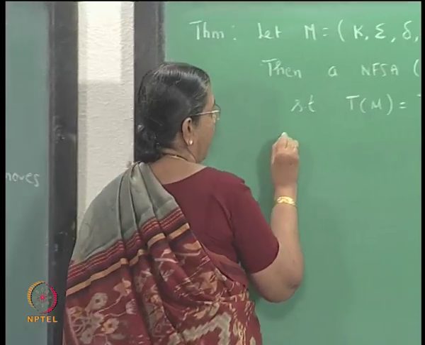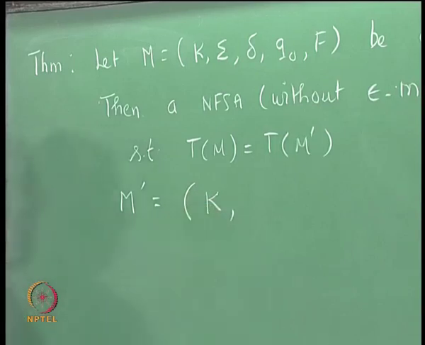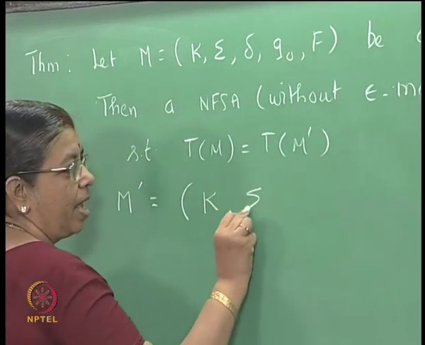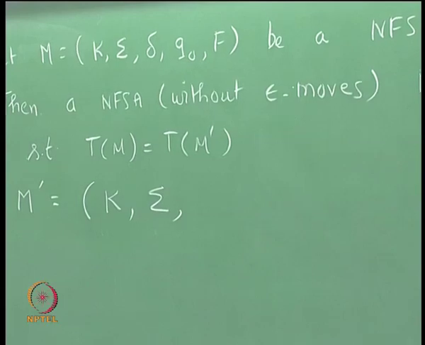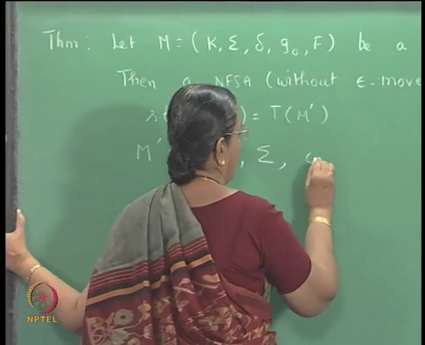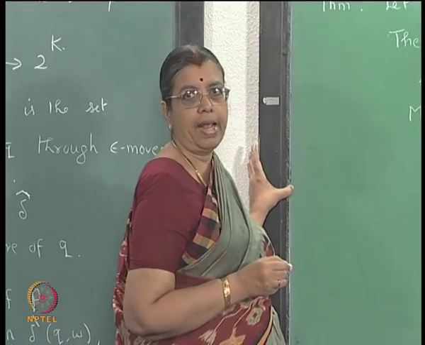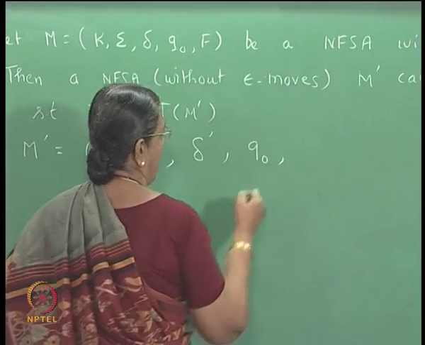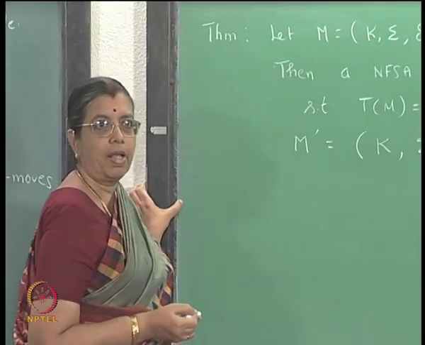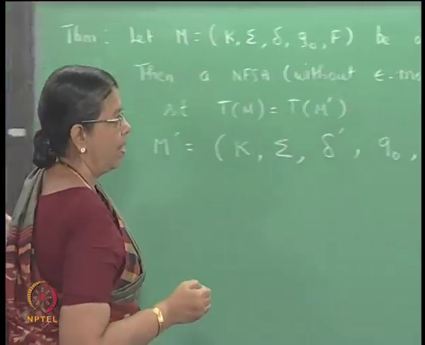Now, how is M dash defined? M dash has the same set of states K, same input symbols. Then the mapping you have to define is delta dash, the same initial state q naught, and the final states will be changed, F dash.